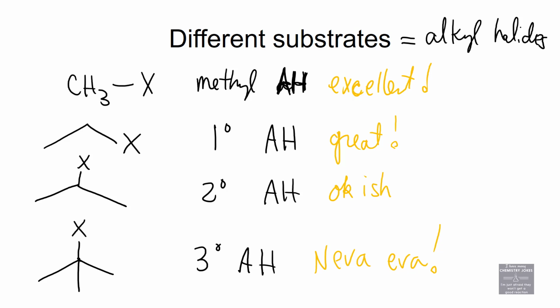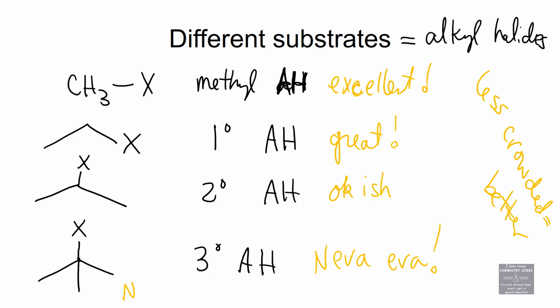So based on this, the trend is less crowded substrate equals better. For alkyl halides that are methyl, SN2 is real fast. Primary, also good. Secondary, doable. You're getting more crowded as you get more substituents around, and that's not great. Why not? Because where is that nucleophile attacking from? It's got to do a little backside attack.